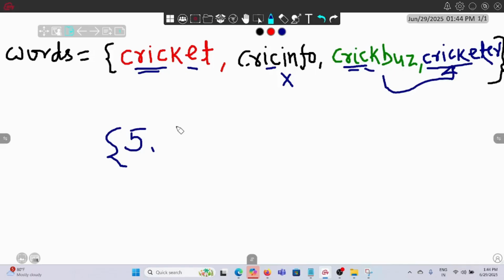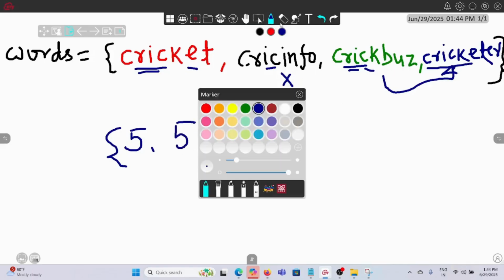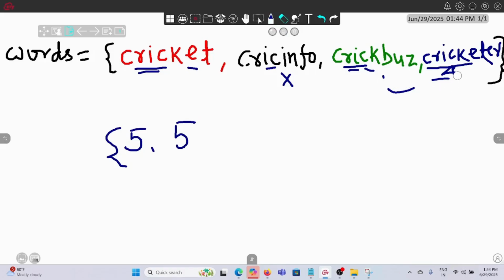So we will write 5 here when we remove this one. Similarly, we will do it for the others as well. Let's say this time we are removing the third one. If we remove it, we check what is common here, CRICK, CRIC, so 4 is common between this and this. And what is common here, CRICK and this one? This has CRICK, this has CRIC, so CRIC is the biggest common. So we will write 4 here.